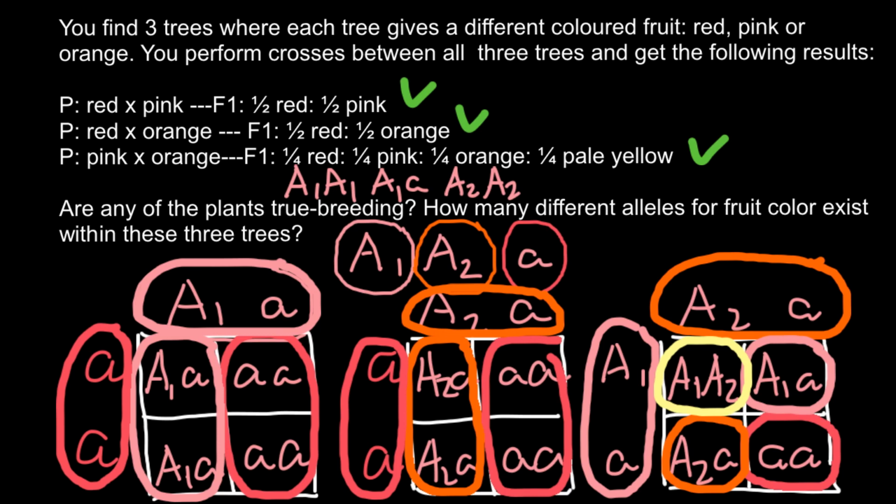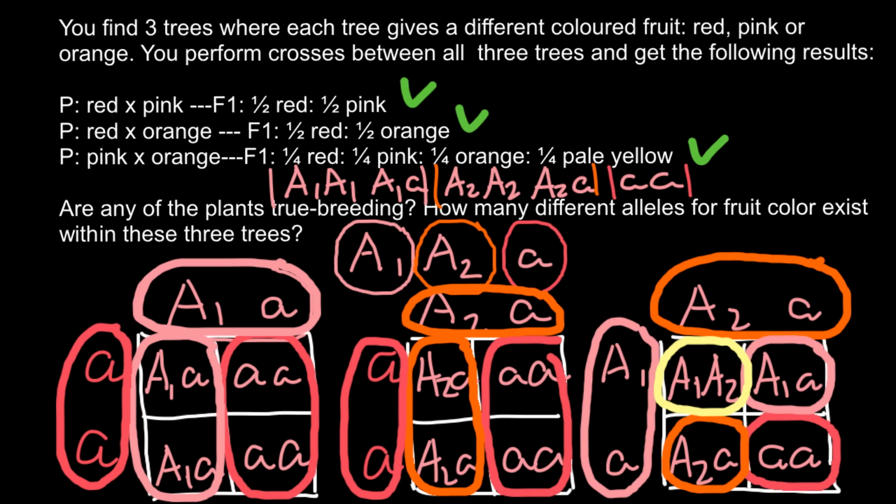But as you see, this phenotype also can be made by another genotype that is A2 and small recessive allele. So this is going to be orange, and this is going to be pink. And the last one only can be made by a single genotype that is small a, small a. So this would produce red pigment.